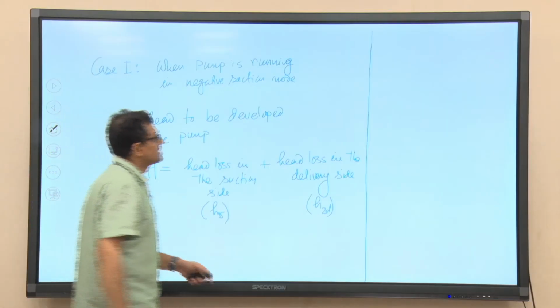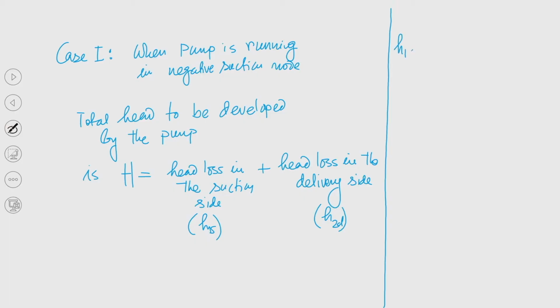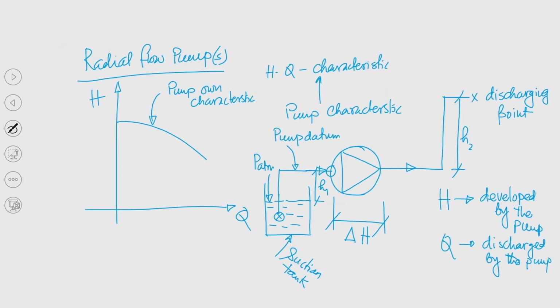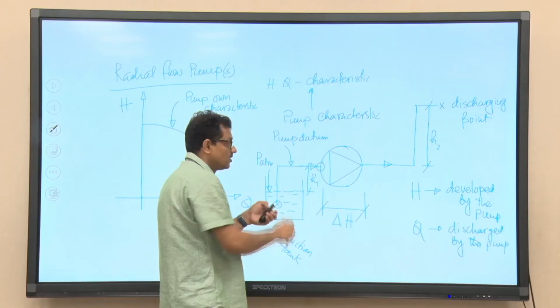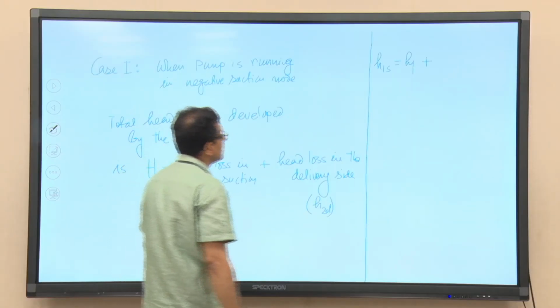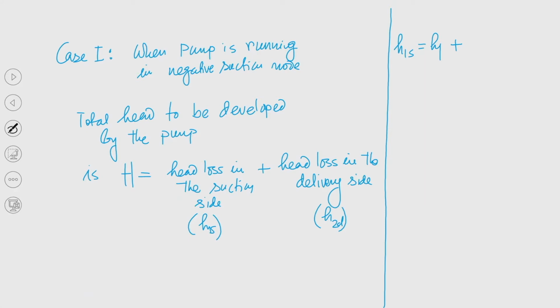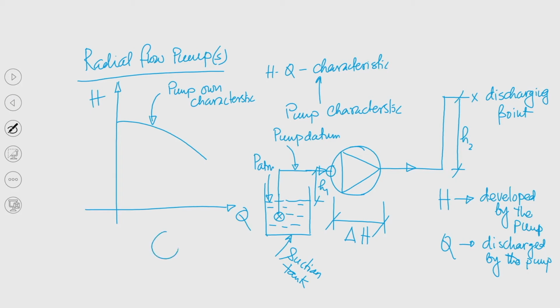So, basically this h1s will be equal to h1 plus, you have studied fluid mechanics, so you can understand when liquid is moving from the strainer to the pipeline. So, basically if we try to draw a zoomed-in view, this is the strainer and this is the pipeline.